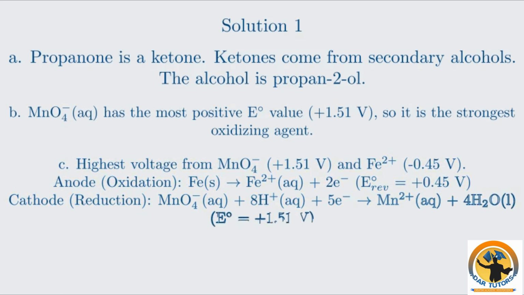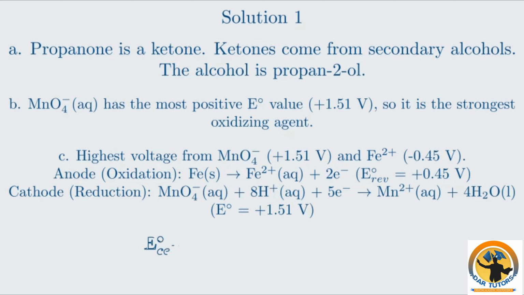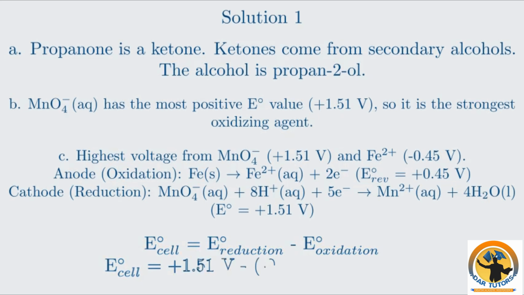Iron is oxidized to iron II ions at the anode. To get the overall reaction, we balance the electrons by multiplying the anode reaction by 5 and the cathode reaction by 2. This gives the full, balanced redox equation. The cell voltage is the difference between the reduction potential and the oxidation potential. So, plus 1.51 minus 0.45 equals plus 1.96 volts.